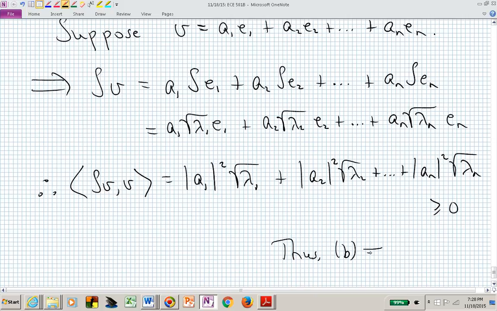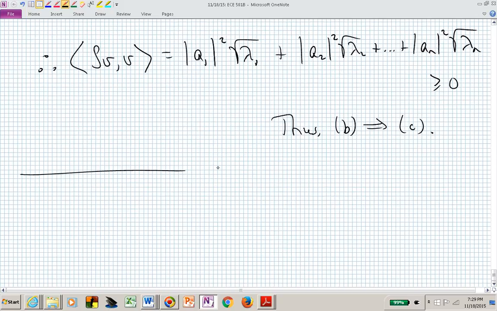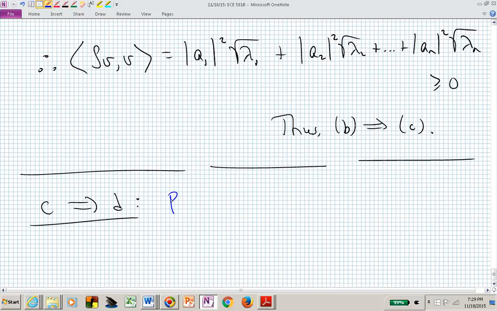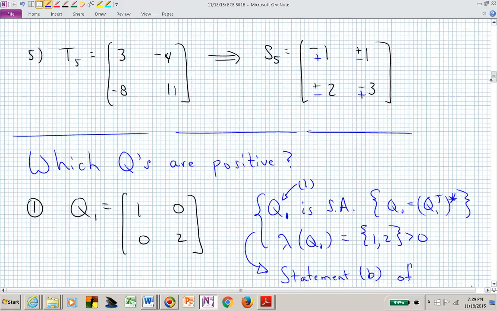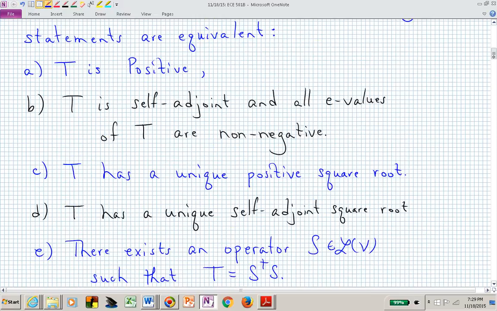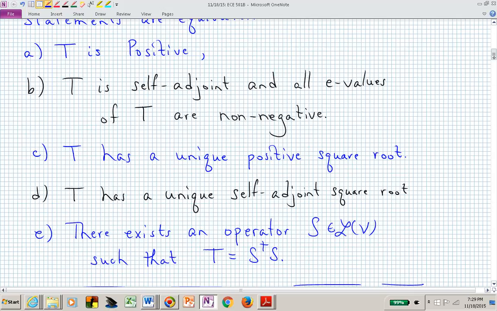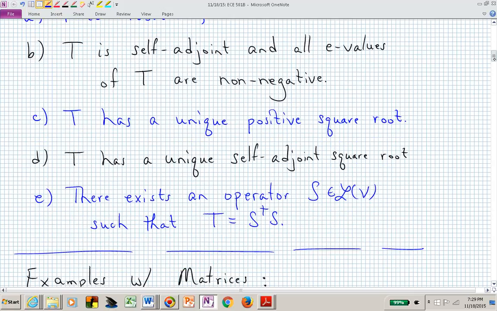Thus, if we started with statement B, we've now shown statement C, that we do have a positive square root of that linear operator. Now, C implies D by definition, because C said that we had a positive square root, and now we're saying that we have a self-adjoint square root.